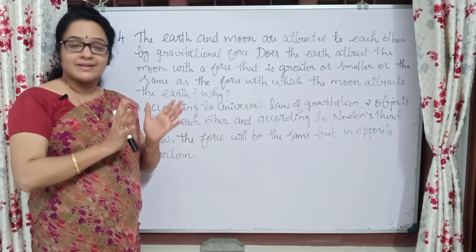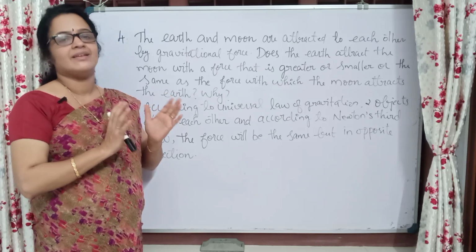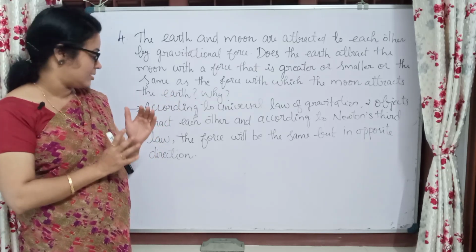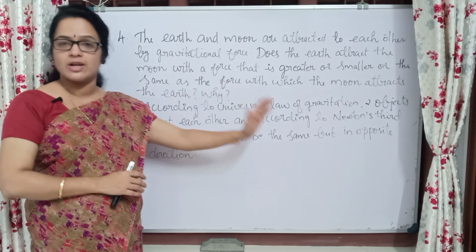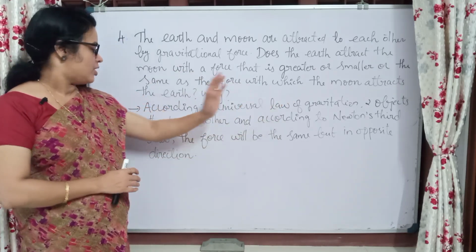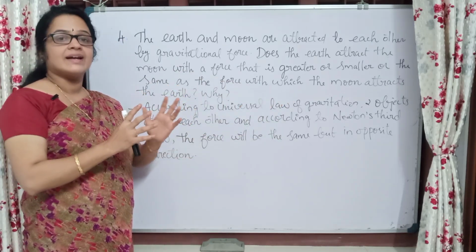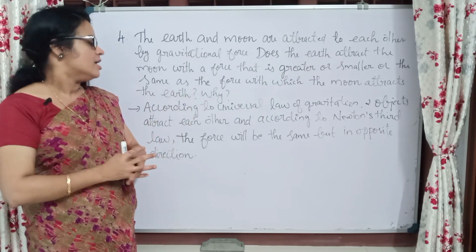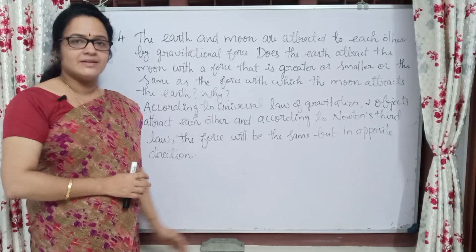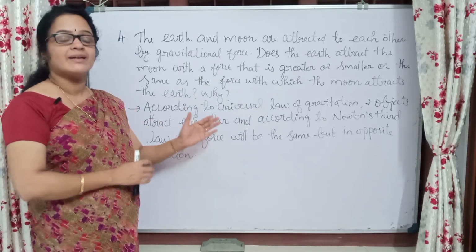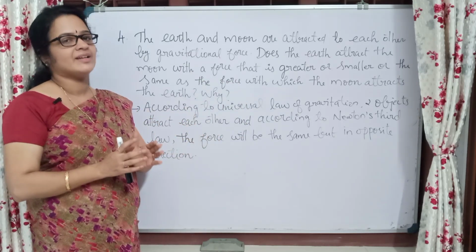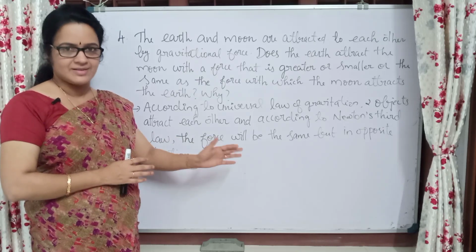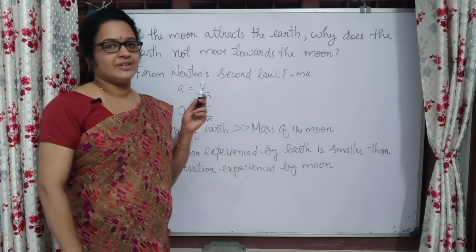Yes, they will be attracted with the same force but in the opposite directions. Okay, the reason is that according to the universal law of gravitation, both the objects will attract each other, but according to Newton's third law, we can say that they will be attracting with the same force but in opposite direction. That is the reason. Now we can move to the fifth question.